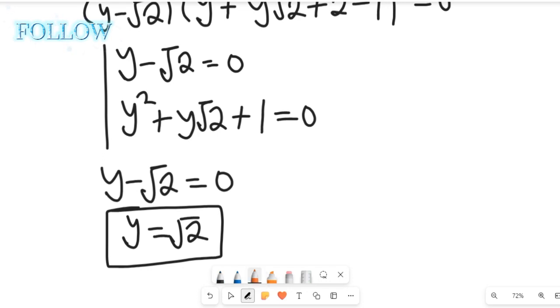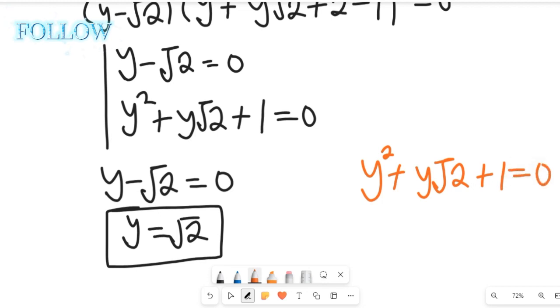Now, considering the other solution, we have y square plus y root 2 plus 1 equal to 0. So this is same as you having y square plus root 2y plus 1 equal to 0.